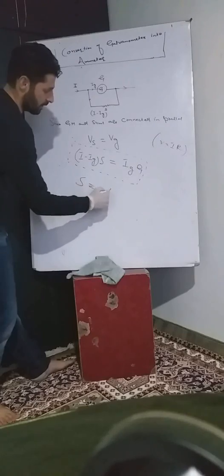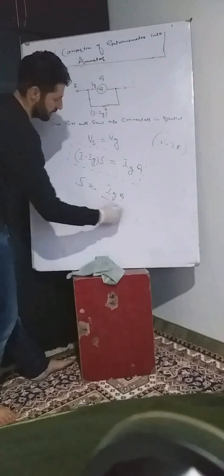If you are supposed to find the resistance of shunt, then S is equal to Ig G divided by I minus Ig.